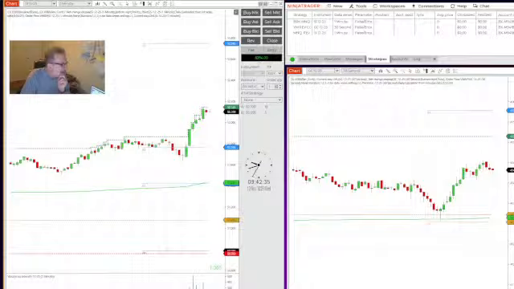The odds of having a problem are very high exactly at 4 p.m. It's been my experience that I sometimes need 30 to 45 seconds before I can get a decent trade on at the open without data feeds freezing. So that's something to understand.